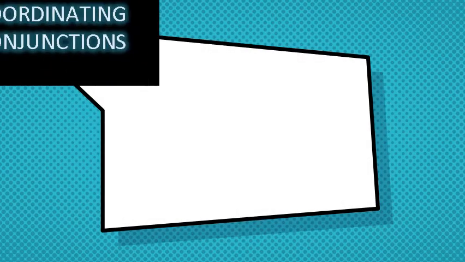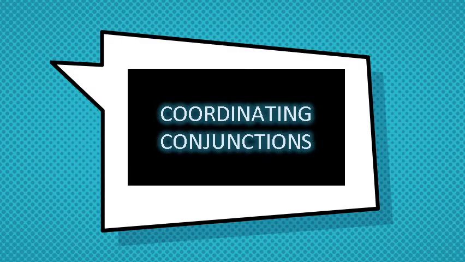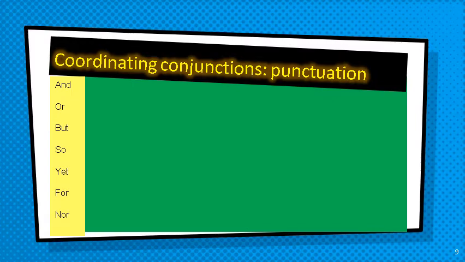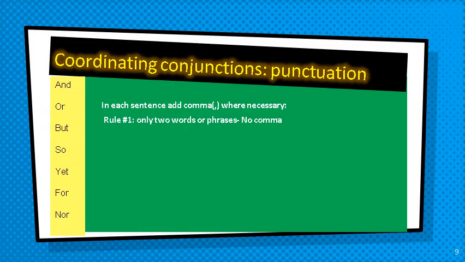Alright, now we are going to move towards coordinating conjunctions. As I have already told, coordinating conjunctions include and, or, but, so, yet, for, nor. In each sentence, add a comma where necessary. But before that, remember rule number 1. Only 2 words or phrases, so no comma will be added.